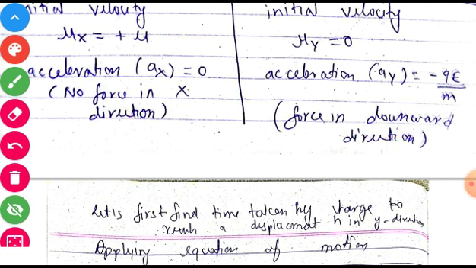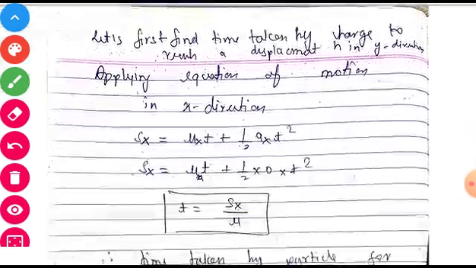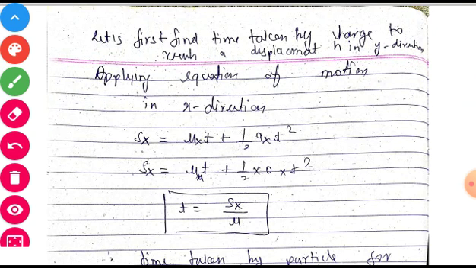Okay. Now, moving ahead, let's first find out the time taken by the charge to reach from the initial to the final position. Let's find out. So now using the equation of motion in x direction, we have all the data in x direction. We know initial velocity in x direction.